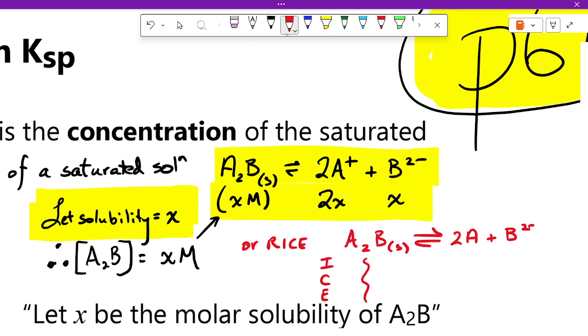This is 0 and 0. This is plus 2x. This is x, and this is 2x. So it's up to you. If you want to show it this way, that's fine. Or you can show it that way. I know which one I like because it's shorter, but if you're like, I love rice, rice is good, it's delicious, tasty, then you can show the rice table if you want to. Okay?